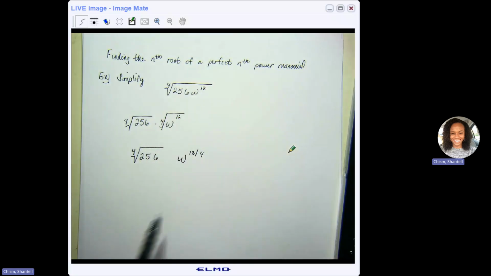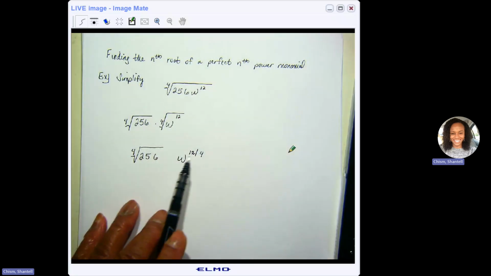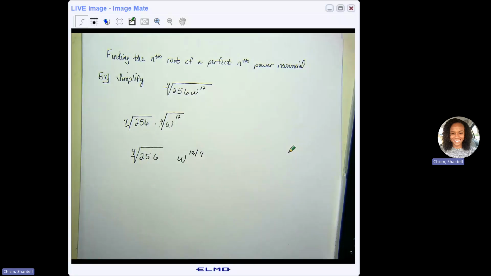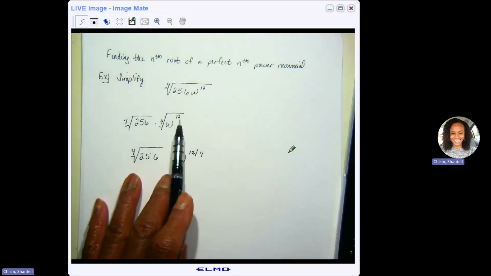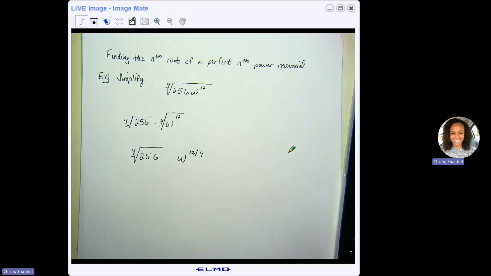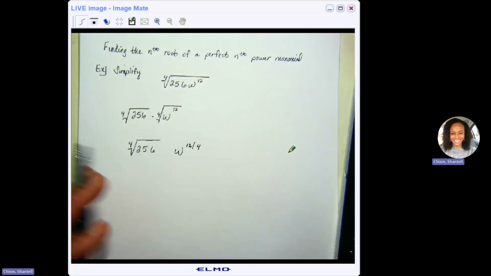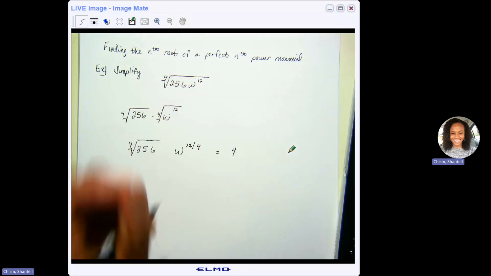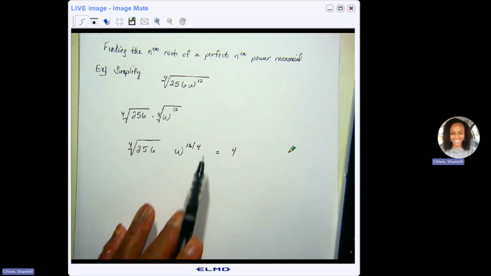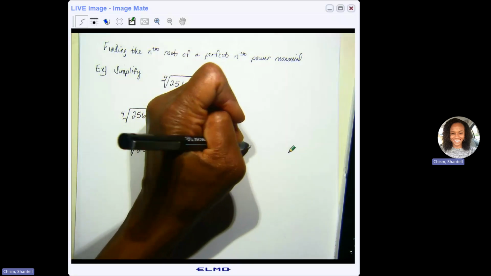Okay, so in other words, you take the exponent that's on your variable and you divide it by the root. Okay, so we had w to the 12th, so it's w to the 12th divided by 4, the fourth root of w to the 12th. So this 256, fourth root of 256, that's just 4. And then w to the 12th divided by 4, that becomes w to the 3rd.